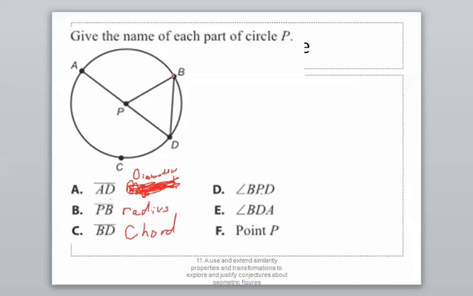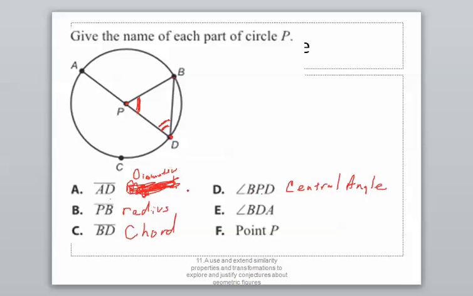Okay, they're asking about BPD. From B to P to D, that's this angle right here that they're asking. What is that called? Well, see how it starts at the center of the circle? This is called a central angle. Okay? Now they're asking about BDA. This one is out here on the outside of the circle. See how it's touching the outside edge of the circle?